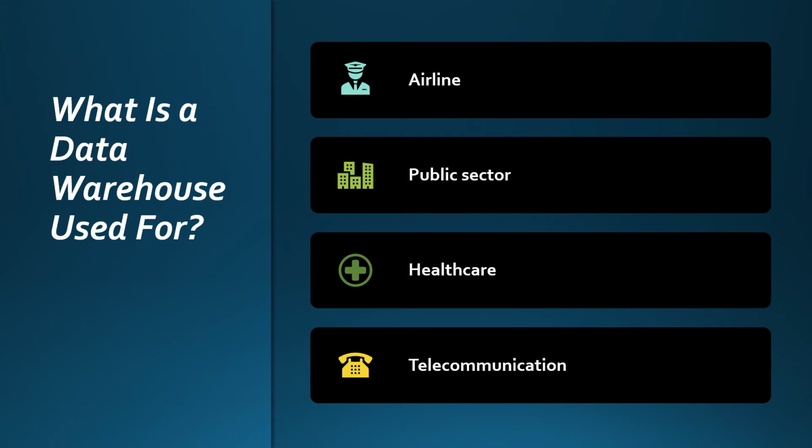The healthcare sector also uses a data warehouse to predict outcomes and generate patient treatment reports, and also for sharing data with insurance companies. In telecommunication, a data warehouse is used for product promotion, sales decisions, and distribution decisions.